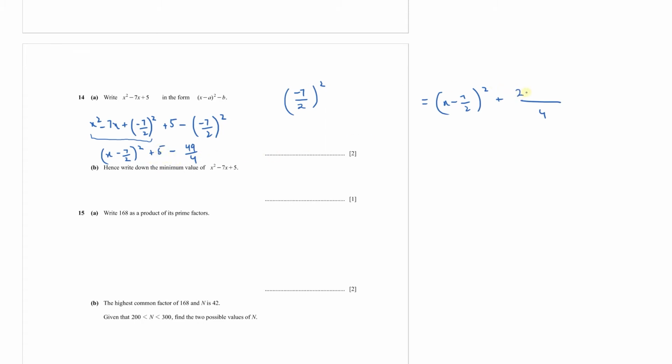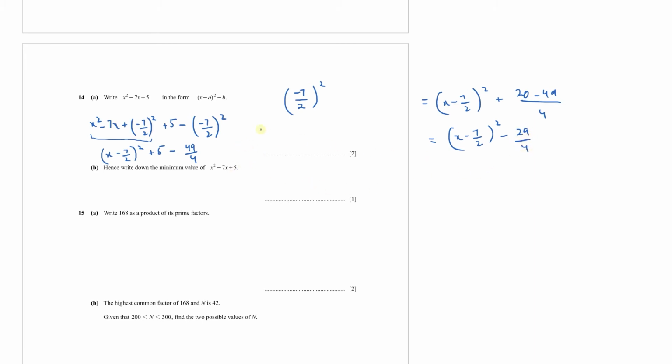So I get 20 minus 49 here. 20 minus 49 will be minus 29. So this will be x minus 7 by 2 whole square minus 29 by 4.